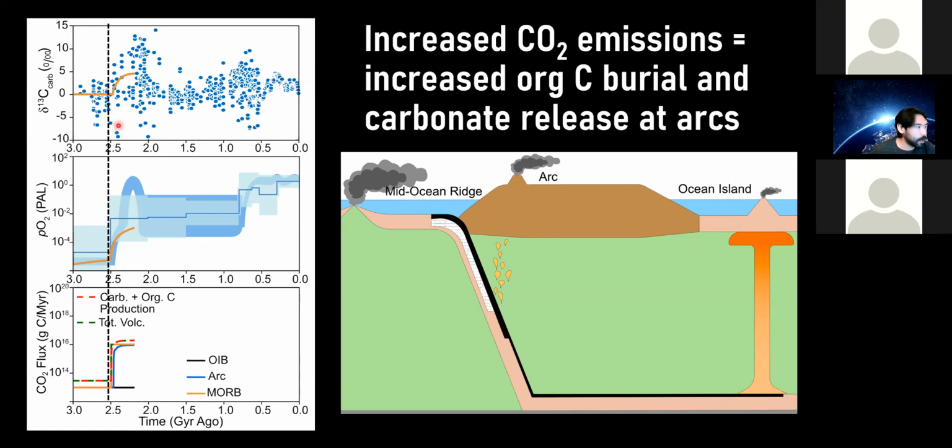This is to point out that, due to this delay, as soon as you deposit that increased carbon with organic carbon on the seafloor, you're going to drive oxygen up. But we don't increase the delta 13C until that carbonate is deposited, subducted, released from the slab, and then emitted at the arcs. So you can get a delay between the rise in oxygen and the delta 13C positive excursion, known as the Lomagundi, which has been observed: this initial rise in oxygen prior to the carbon isotope excursion.